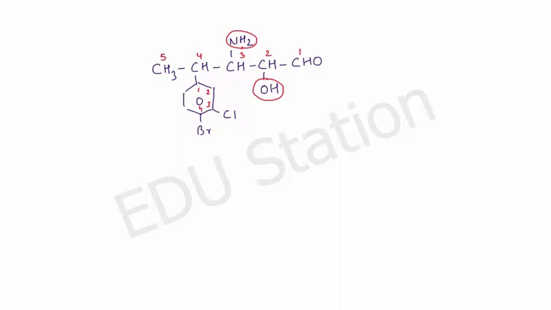I hope you are understanding there are two numberings going on. One is for the principal chain and another is for the complex part. Now for the complex part, the first alphabet would be bromo. It is phenyl, but it contains bromo at the fourth position and chloro at the third position.